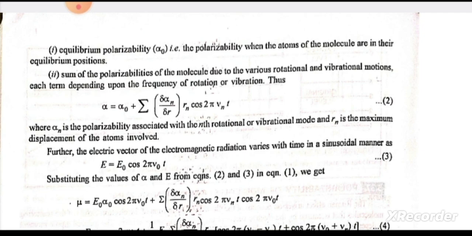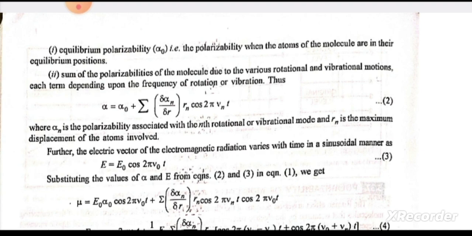Thus, alpha is equal to alpha naught plus the summation of delta alpha n by delta r into r n cos 2 pi v n t, where alpha n is the polarizability associated with the nth rotational or vibrational mode and Rn is the maximum displacement of the atom involved.